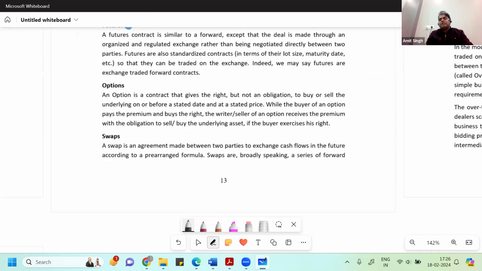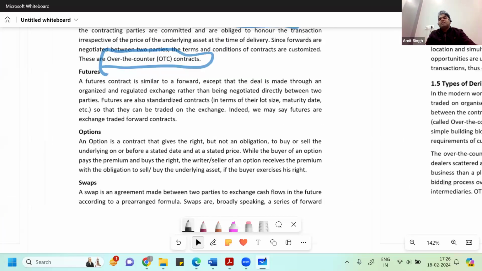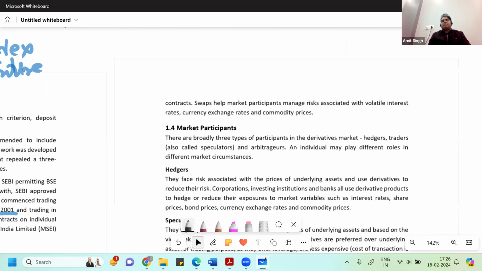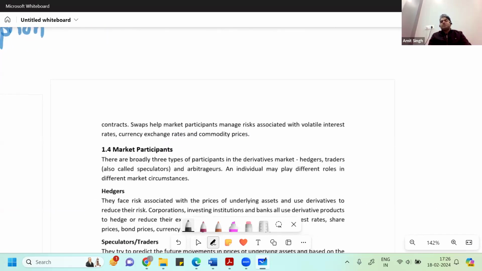Swaps are broadly a series of forward contracts. The swap market helps market participants manage the risk associated with volatile interest rates, currency exchange rates, and commodity prices. Clear, everyone? I hope you have understood this.